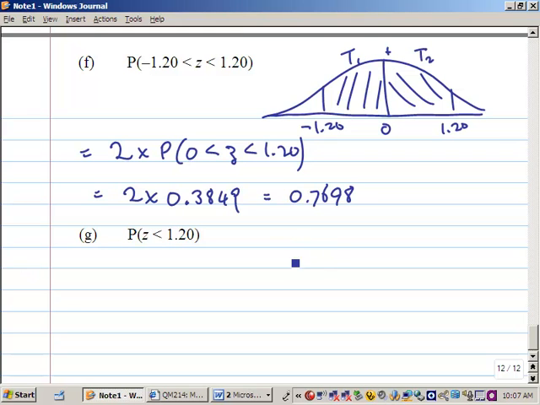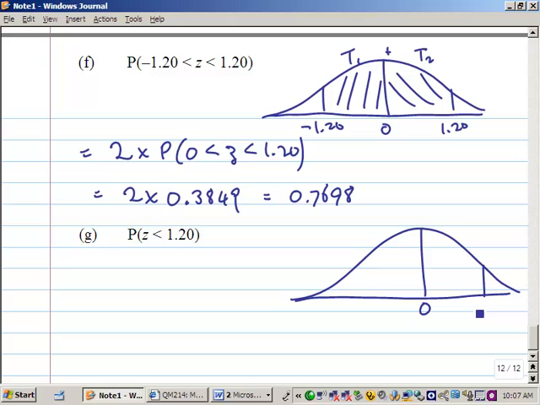Alright, G, probability of getting Z less than 1.20. You haven't seen one of these before, but you should be able to work that out. Once you've seen part of this, you should understand just about anything else. This is an area that goes from essentially minus infinity to 0, and then from 0 to 1.2.